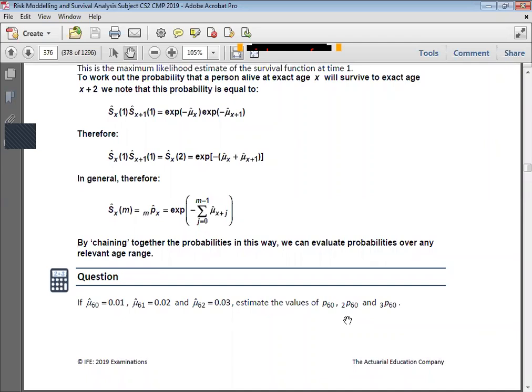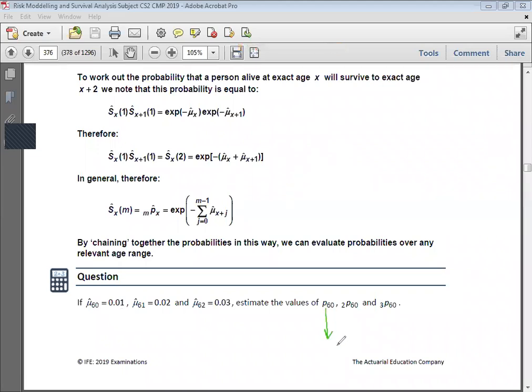This is fairly straightforward. So I'm being given the value of these mu's and we are being asked to figure out some values. So what will be the value of this guy here, if my mu hat of 60 is 0.01? Can you guess what this represents? This represents the survival function, right?